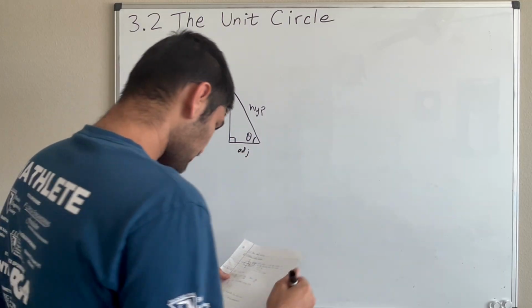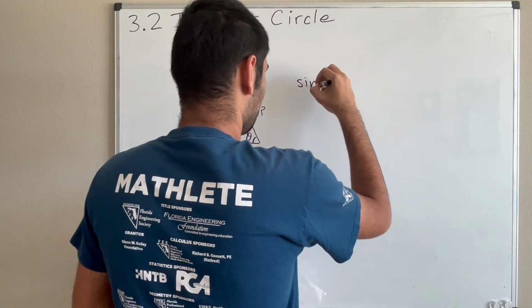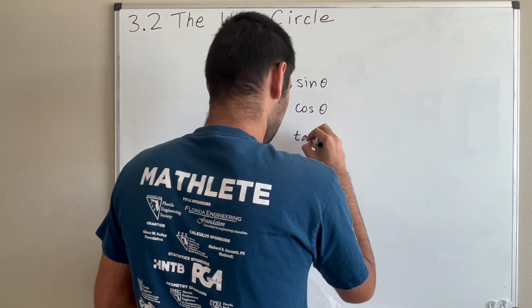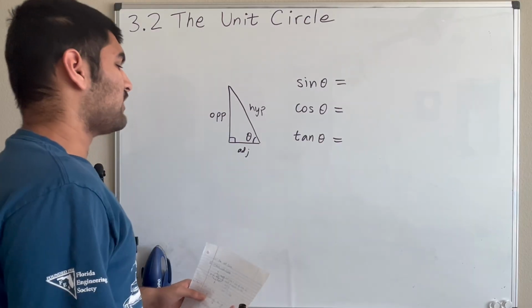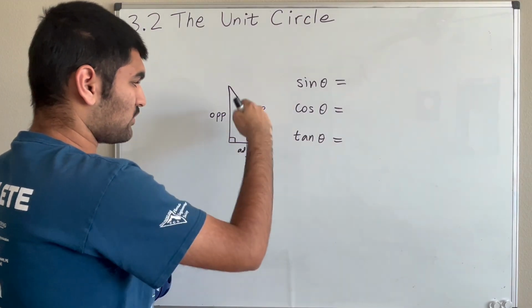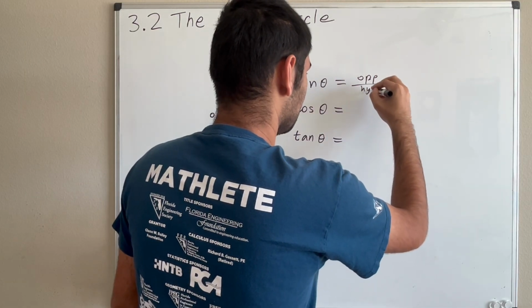Okay? And so then we have three main trig functions that we can derive from this, namely sine of theta, cosine of theta, and tangent of theta. Okay, so the way that they're defined is that sine of theta is defined as the opposite side over the hypotenuse. So it's defined as opposite over hypotenuse.